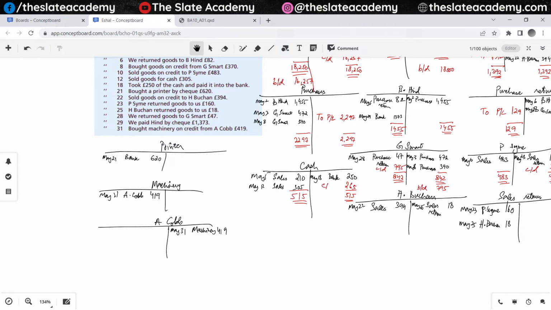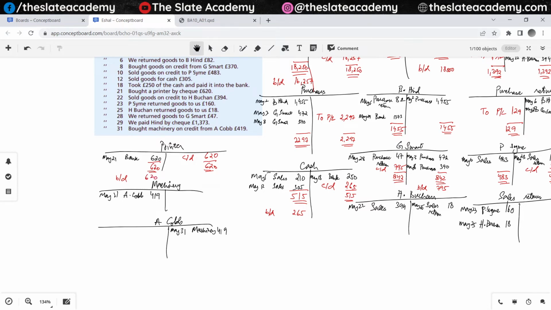This will be carried down of cash. This will be brought down of cash. How much? 265. Sure, for printer, it is easy. 620. Carried down 620. And brought down 620.